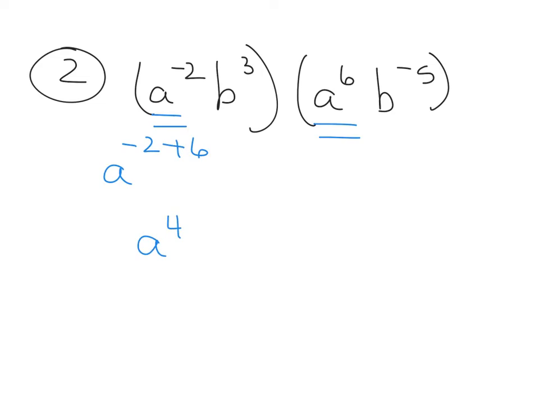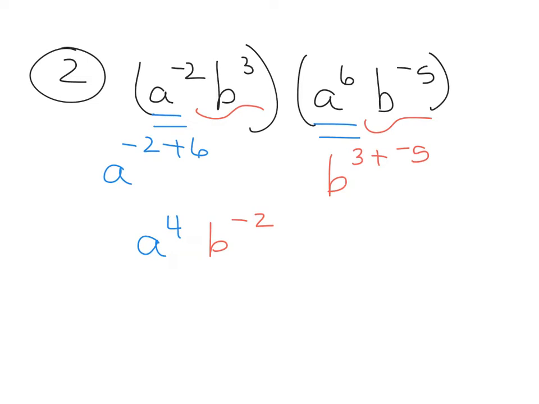Now if I do the b's, and I take b to the 3rd plus b to the negative 5th, that gives me b to the negative 2nd. So far it looks like I'm done. But remember what I just said in the last slide, you cannot have a negative exponent in your answer. If you do, it's automatically wrong. So if you gave me this on a quiz, I'd mark it wrong.